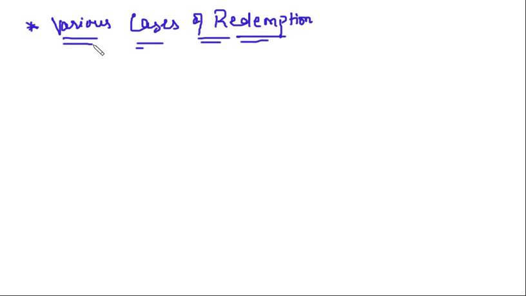Clear? Now the question you people will ask me is why we are studying redemption of debentures at the time of issue of debentures. We have a whole chapter on redemption of debentures, we'll do that chapter after this one. Then why are we studying redemption of debentures at the time of issue of debentures?